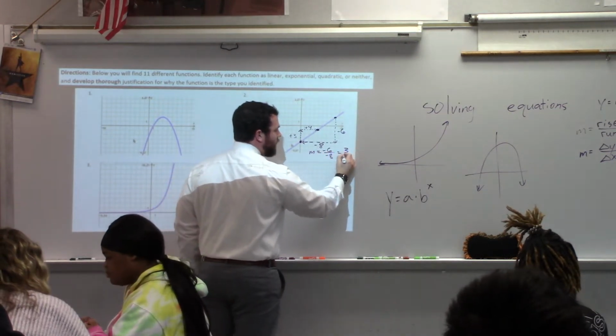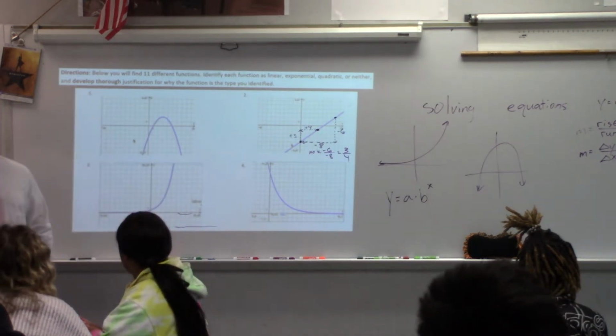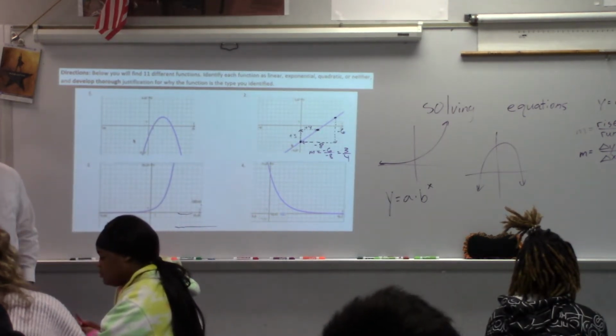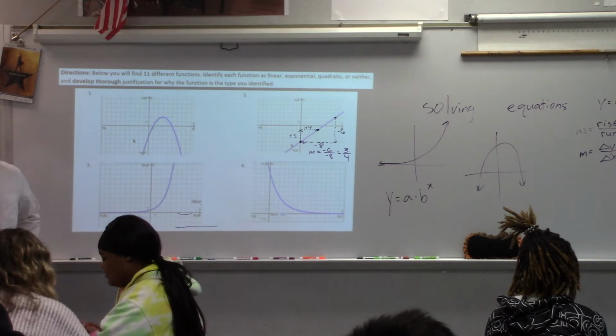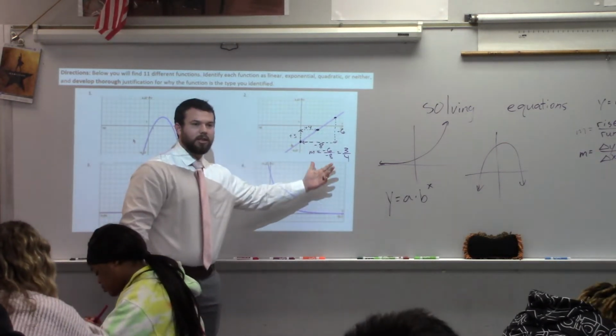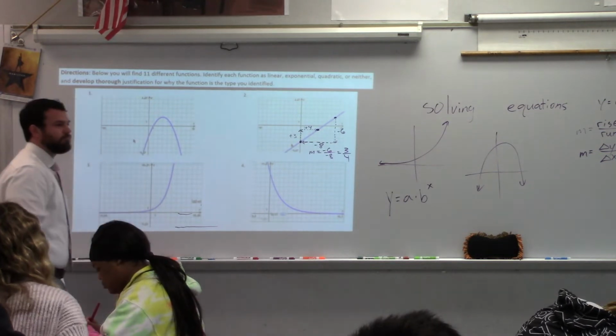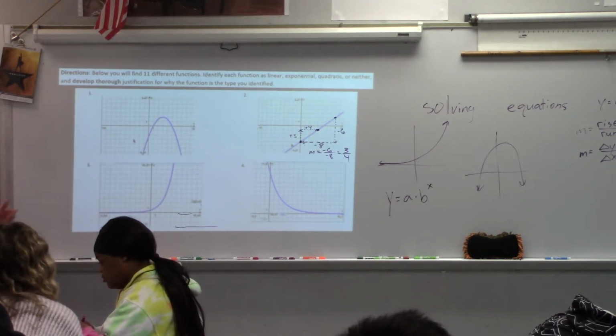So you could tell me, this function has a constant additive rate of change of what? Linear function. Of what? 3 divided by 4, or 3/4. Either way is fine. Notice you need to tell me what that constant additive rate of change is if you're going to make that claim.